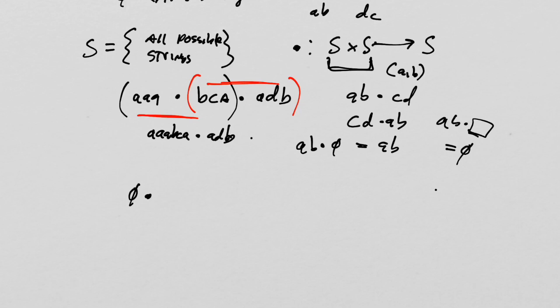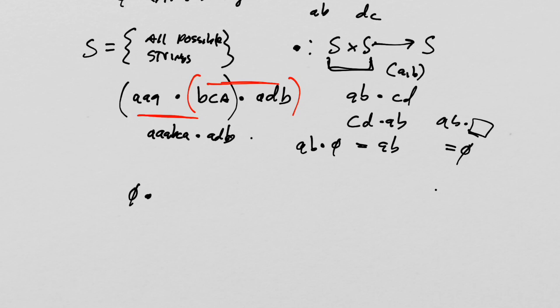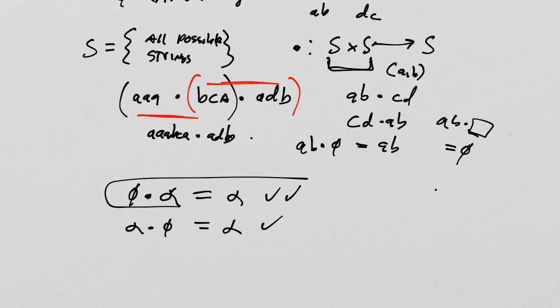Let's say the string is alpha. You could have an identity where the identity times alpha equals alpha, or you could have alpha times the identity equals alpha. It could be one or both. Now in this case, with the empty string and concatenation, both of these are true. But you could have a semigroup where only one of them is true. The identity only works on the right side, and it doesn't work on the left side.